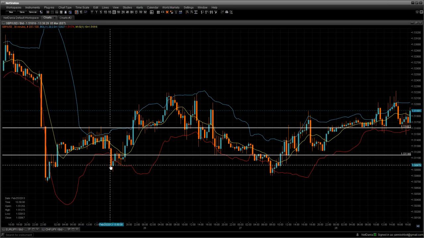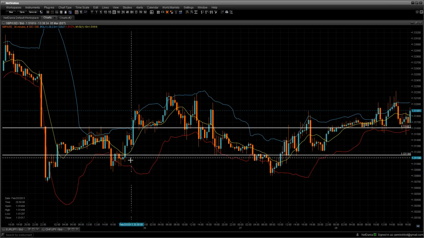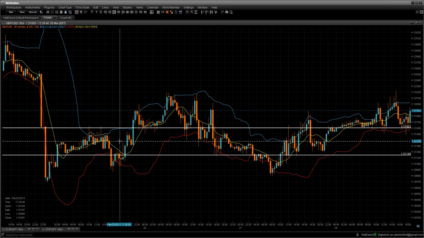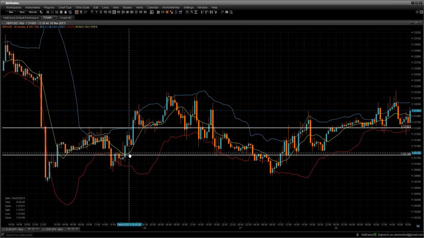All right, so it was oversold, so you're looking on a buy position. So if you're looking on a buy position, you're opening your position on buy and you're closing, like I said before, I would prefer between the upper band and the moving average. Okay, some traders, again, like I said before, they close on moving averages.